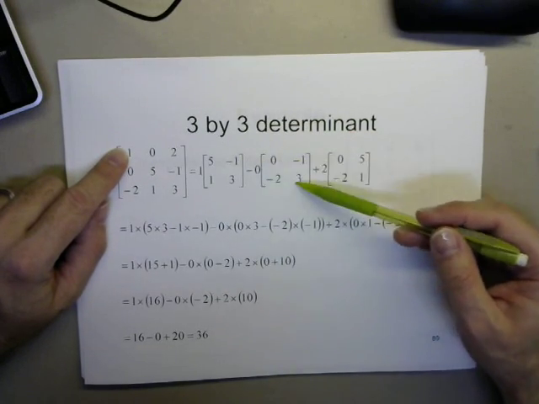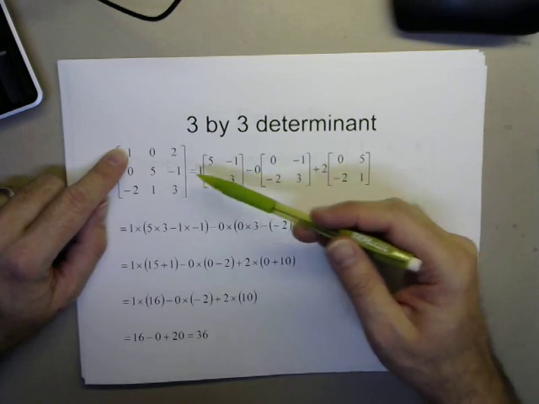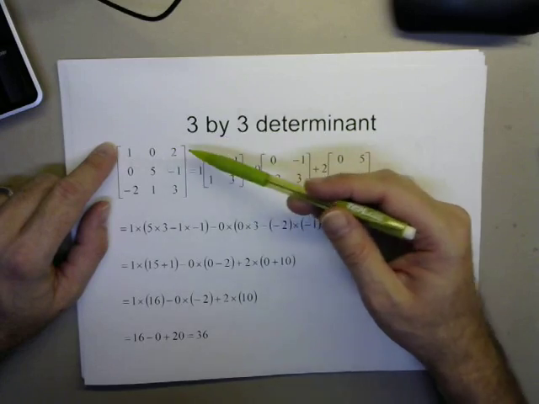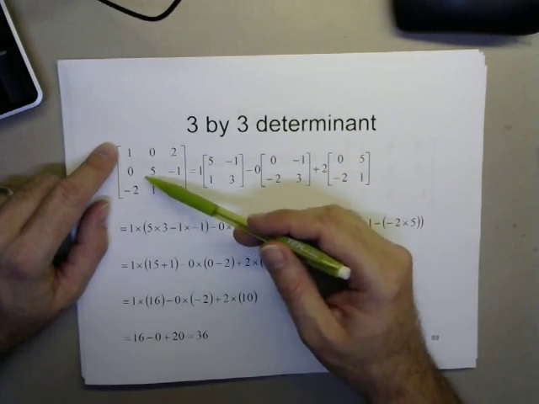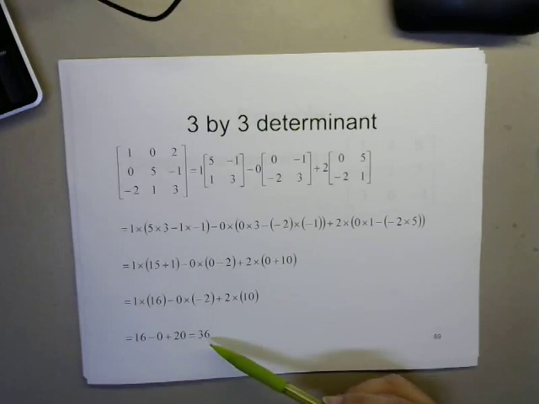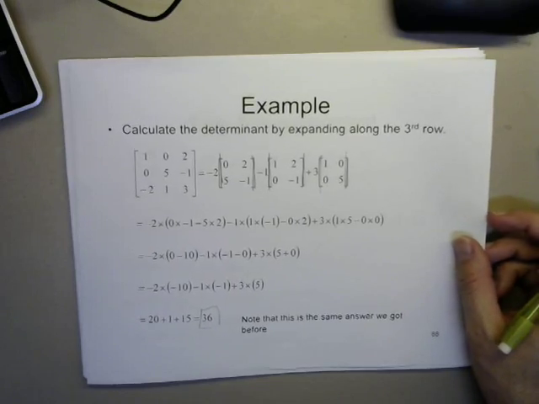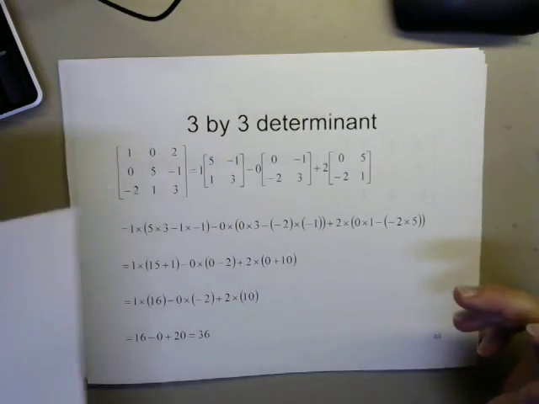I'll get 0 times that times that. Technically, it should be -0, but negative or positive 0 doesn't matter. So it should be positive, negative, positive. So we'll take a +2 times that minus that times that. If you work it out, you still do get the same answer that we got before. So again, just showing you it doesn't matter what row or column you expand along. That should give you the same answer.